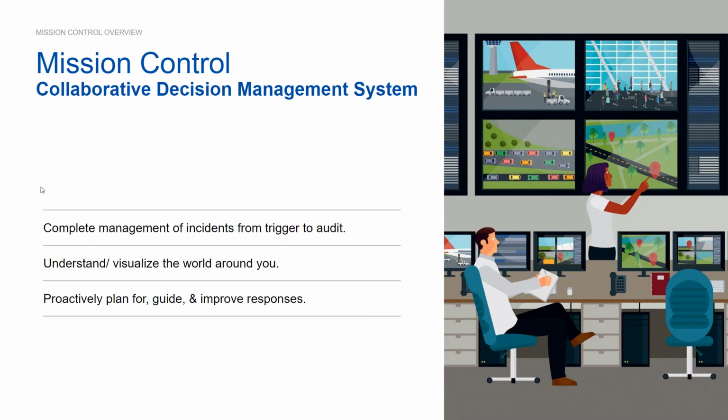So number 2, it understands, analyzes and visualizes the world around you, so your production environment, your security system, and number 3 would be to proactively plan, guide, and improve operator responses, as we just mentioned.